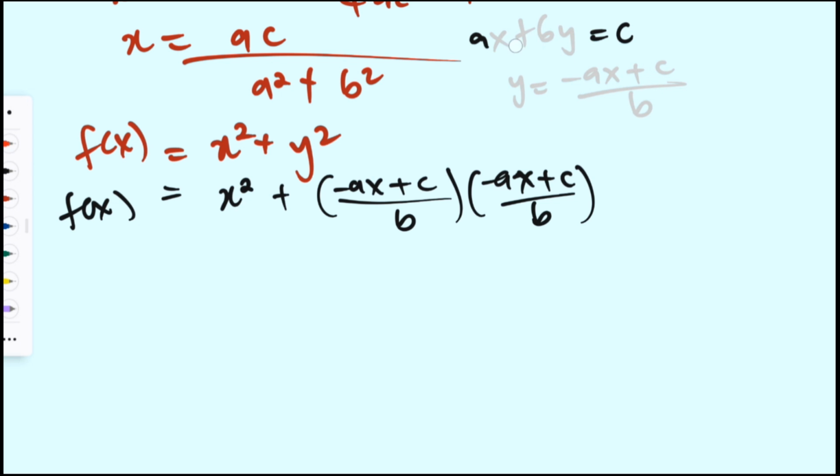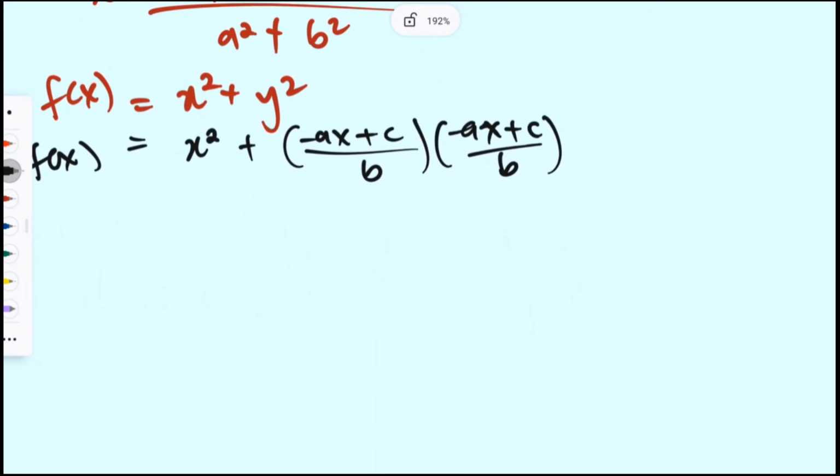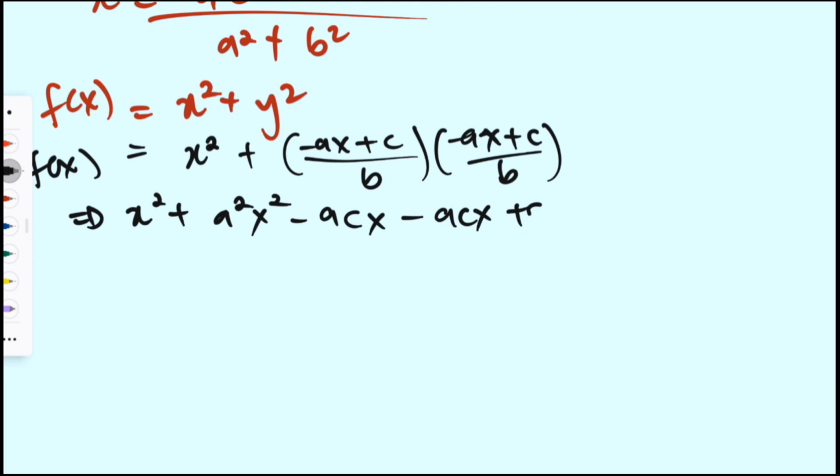Okay, we're done with this. Let's erase that. So yet again, we expand these brackets. x squared plus negative ax times negative ax is positive a squared x squared, minus acx, plus, okay, minus acx again, plus c squared over b squared.